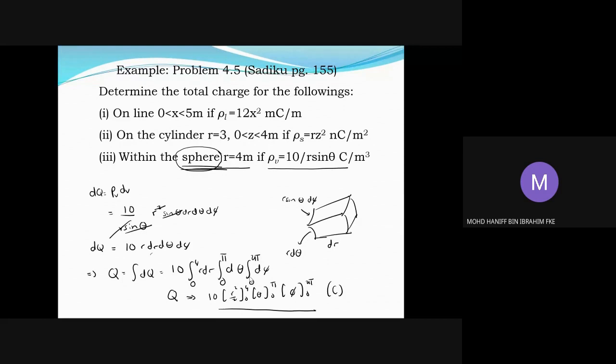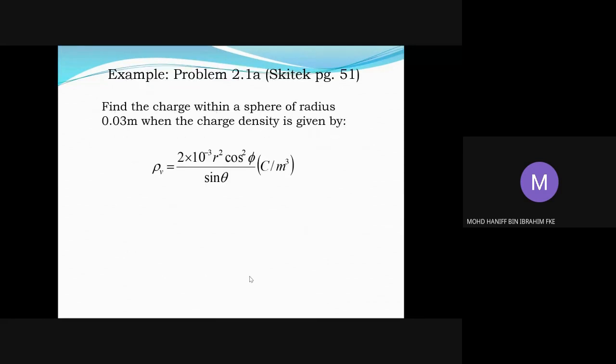This is also related to the sphere structure. Based on these problems, we are given the rho v. This is similar to the third example just now, so I won't be doing this example. I think you can solve this on your own.